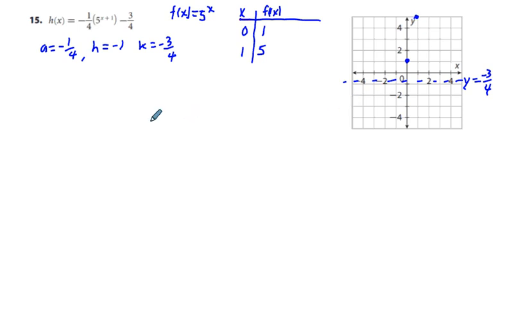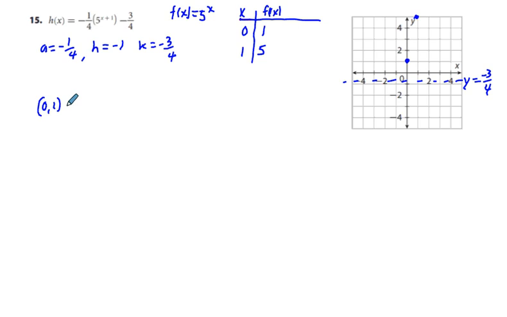Now, let's go ahead and take our reference points and select them. So we have 0, 1. Let me move this down a little bit. There we go.